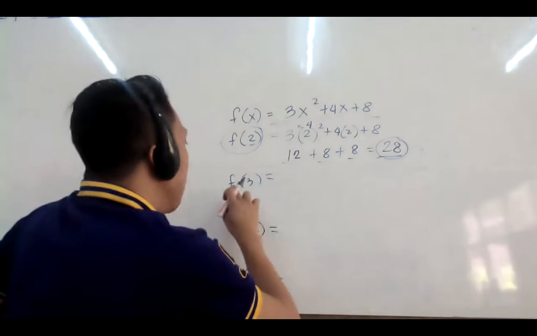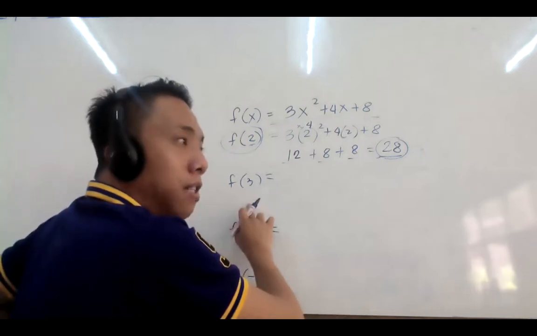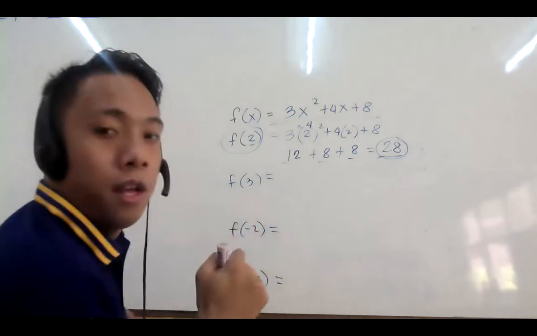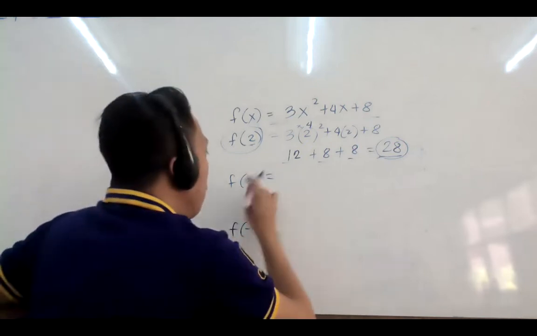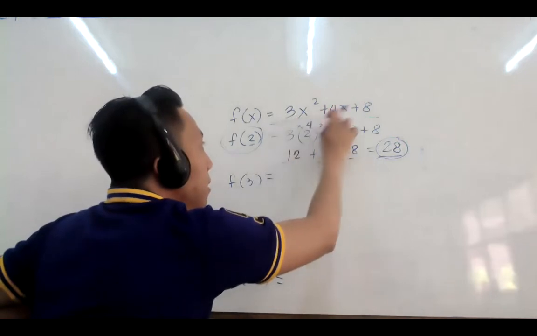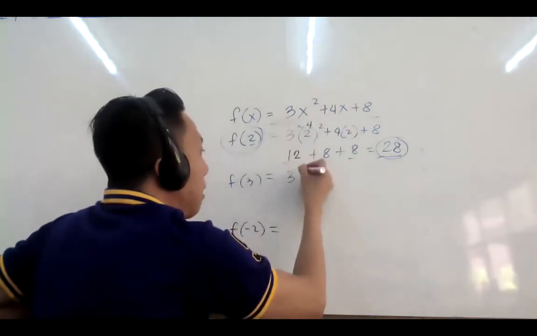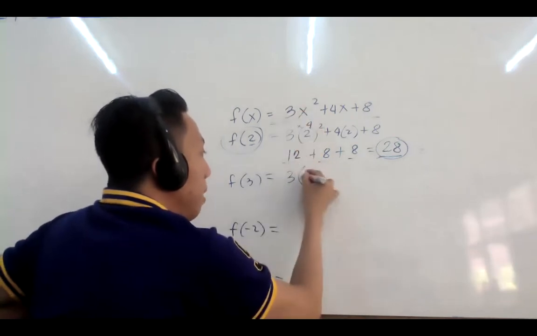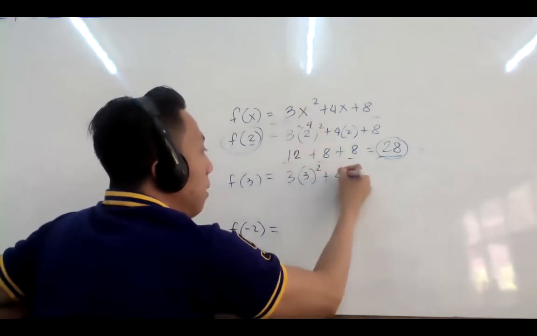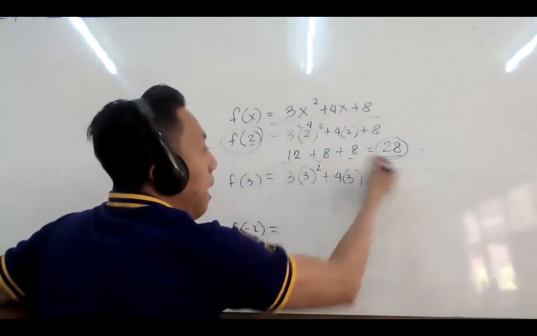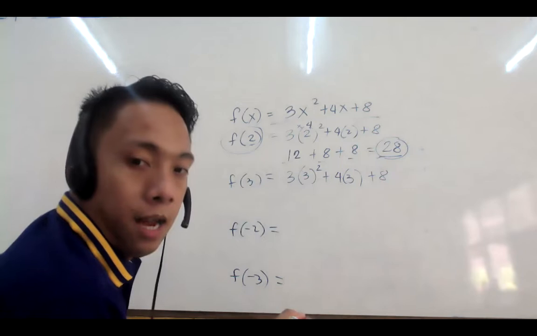We have f of negative 3. Okay? So we will change all the x's as 3. So I will just copy 3x. X will become 3 squared. 4x will become 3 plus 8. Okay?